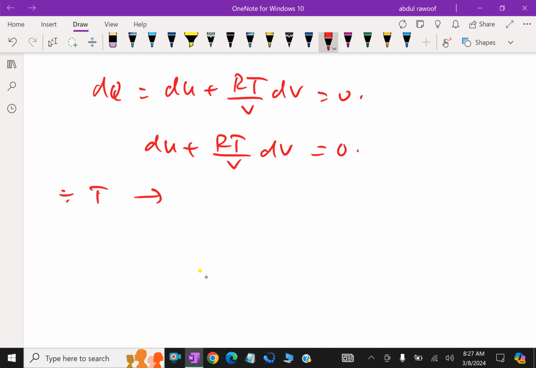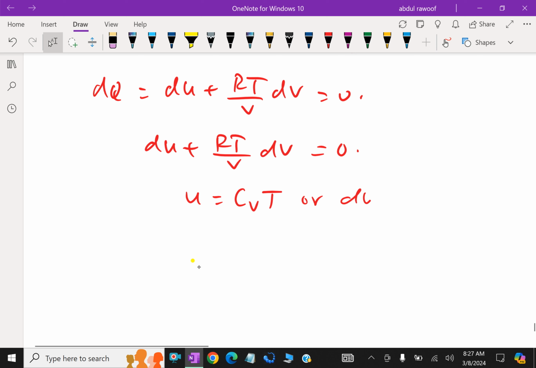We have U equals Cv T, or du equals Cv dT.